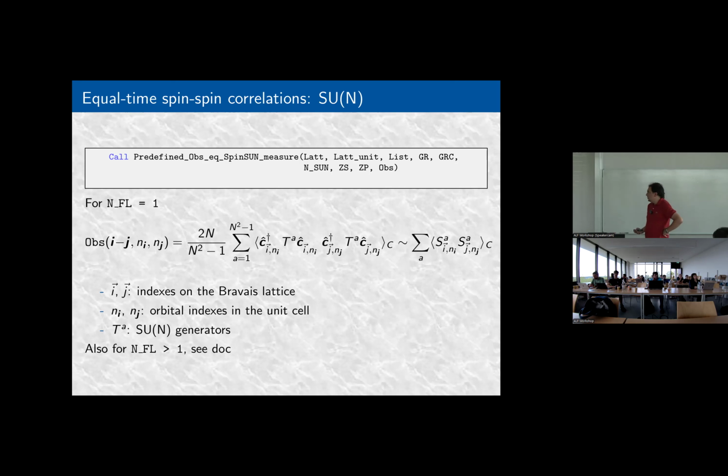My question is, first, if I change the representation by changing the filling, the matrix T^a changes, at least its size. And also, as far as I heard, most quantum Monte Carlo methods have a sign problem when you are away from half filling. My question is, can you do singly occupied sites, 1/N filling? That's the fundamental representation.